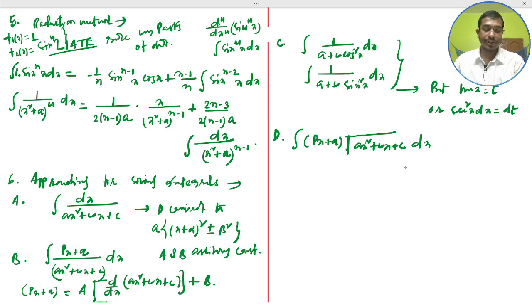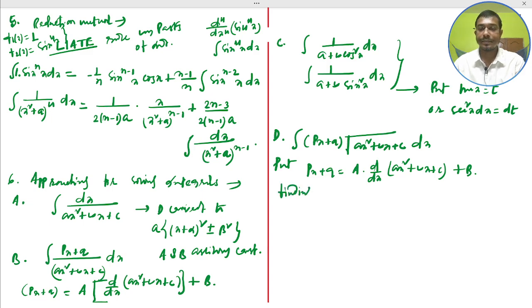For this form, we put px plus q equal to a into the differentiation of the denominator, plus the arbitrary constant b, and find the value of a and b by comparing the coefficients of the powers.